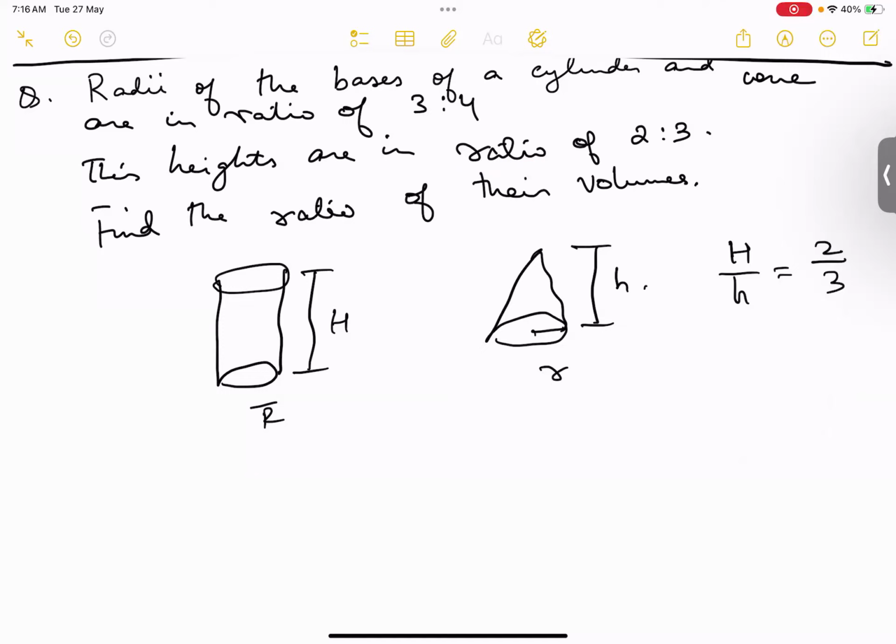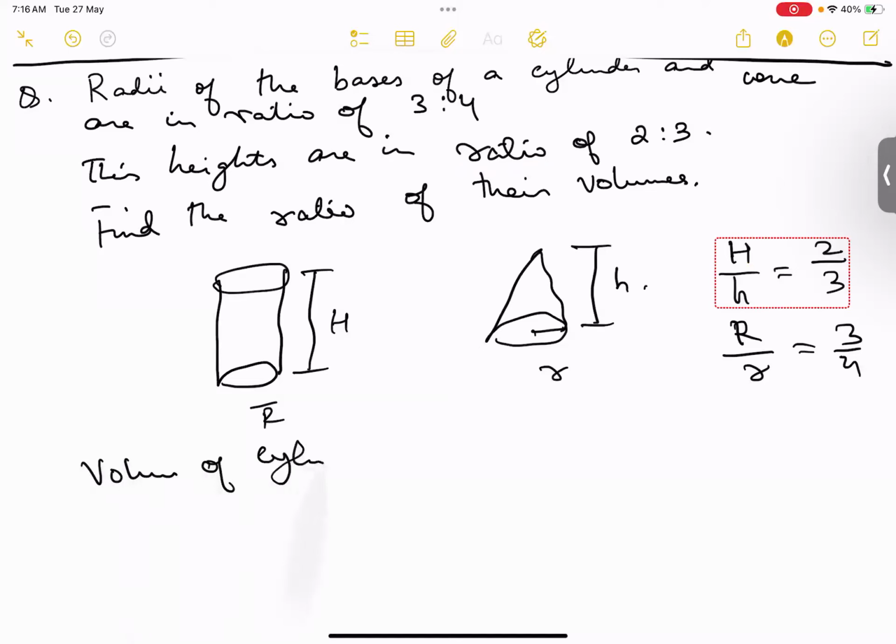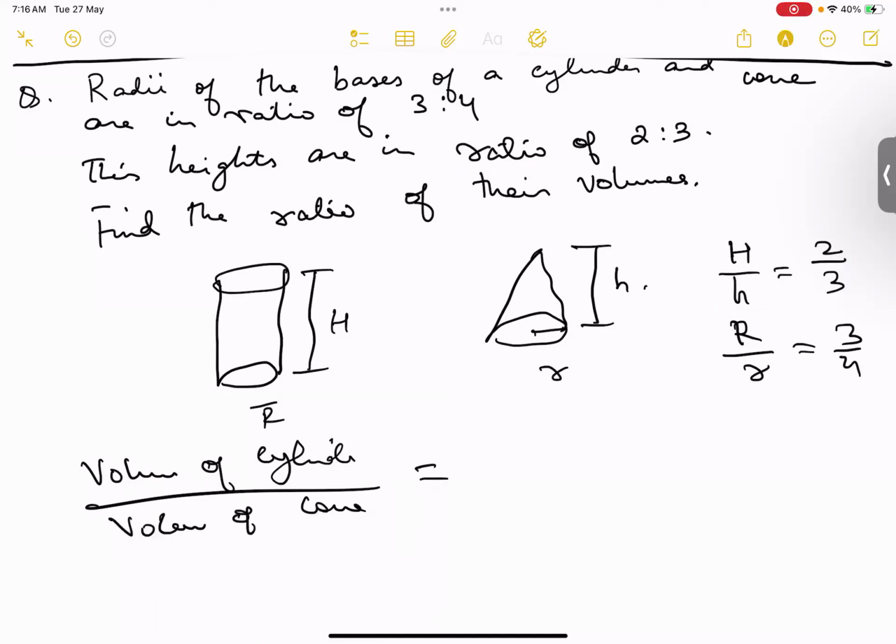And radii are in the ratio of 3:4, so capital R by r is equal to 3/4. Find the ratio of the volume. So kindly solve this. Find the volume of cylinder by volume of cone. Find this ratio, and please let me know the answer also.